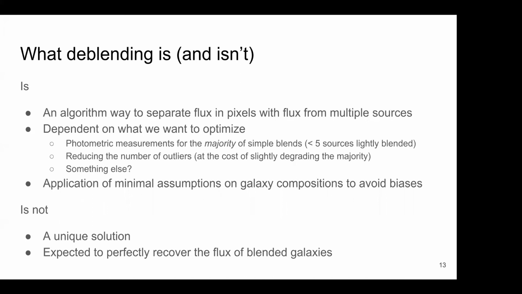And so we have to have some assumptions and constraints that we put in there. But again, we want those to be as minimal as possible. And it's not expected to perfectly recover the flux of blended galaxies for the reasons that we mentioned, that doing that is just impossible. And we'll see in Jim's talk on Thursday, it's difficult enough to just measure a galaxy that's isolated. And so blending has just made that even more complicated.